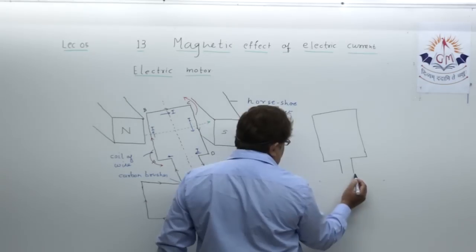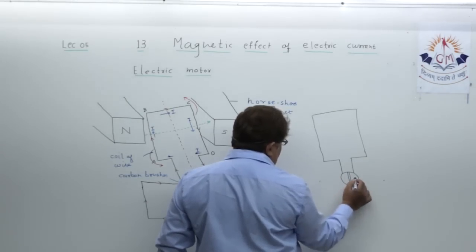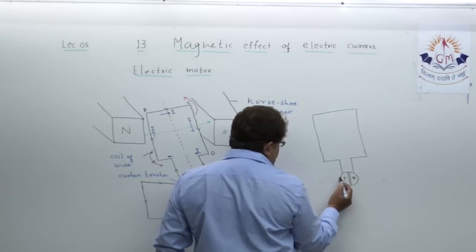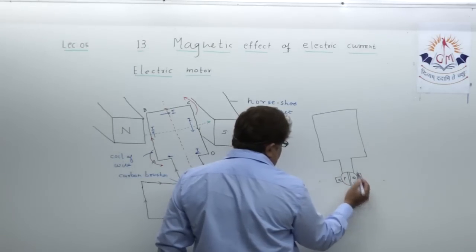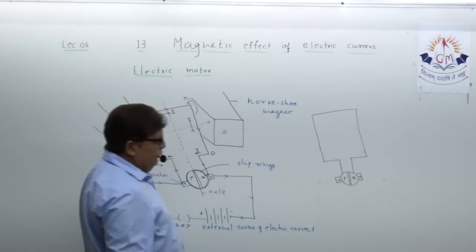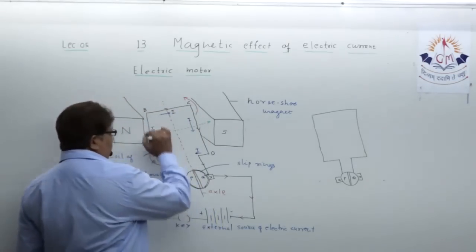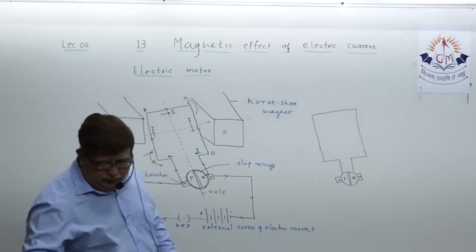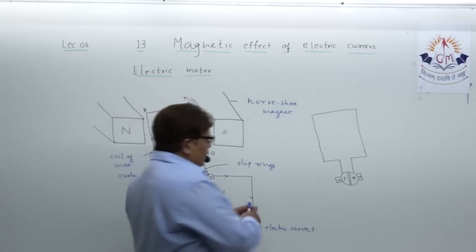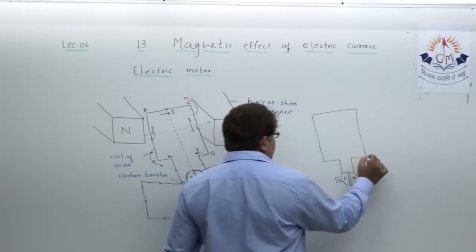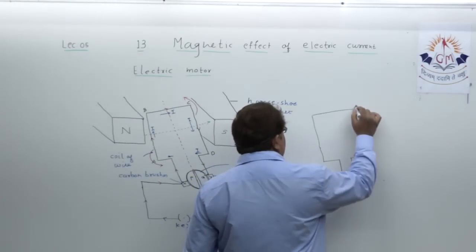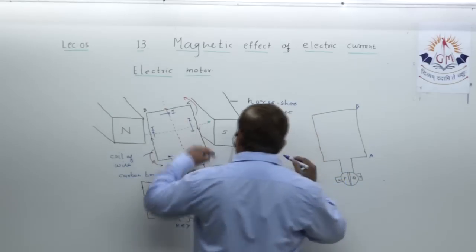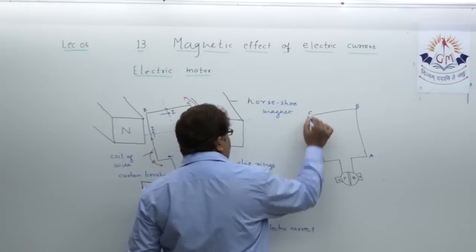See, this is the slip ring already, P and Q, and these are carbon brushes, X and Y. Okay. What happened in the second position? Now AB takes place here during the half rotation. Initially AB was here, now AB is here. And CD was on the right side, now CD is here.